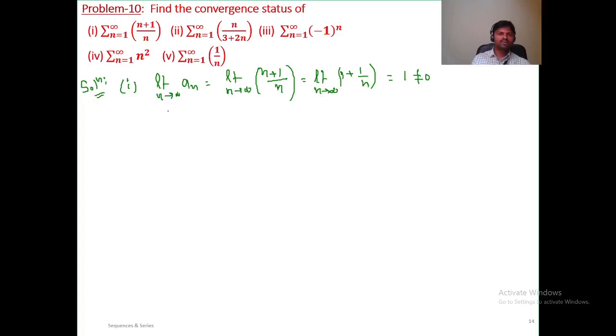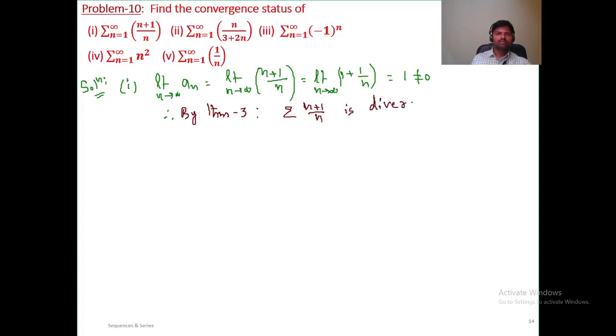So what is the conclusion? By theorem number 3, or simply write the theorem name, the nth term divergence test, the series of (n plus 1) by n diverges. That's it.